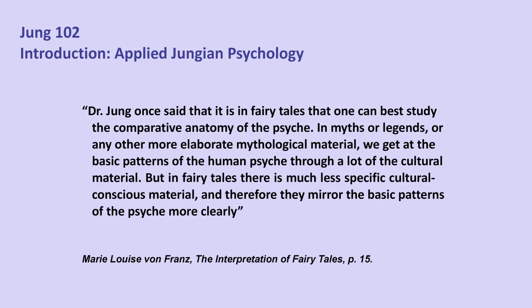In myths or legends or any other more elaborate mythological material, we get at the basic patterns of the human psyche through a lot of cultural material. But in fairy tales, there is much less specific cultural conscious material, and therefore they mirror the basic patterns of the psyche more clearly." End of quote.